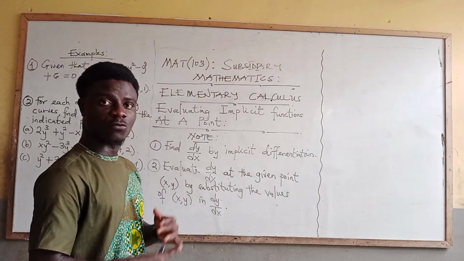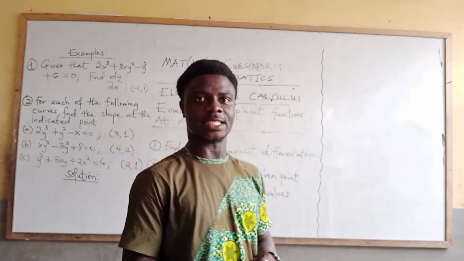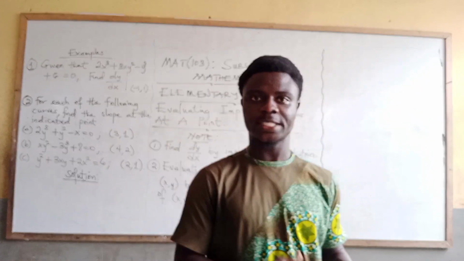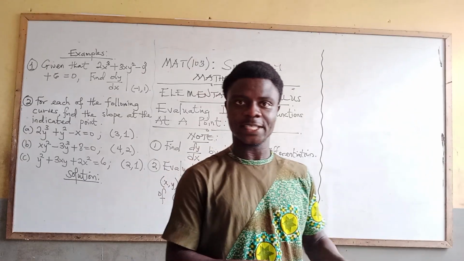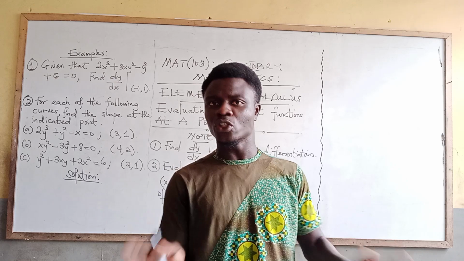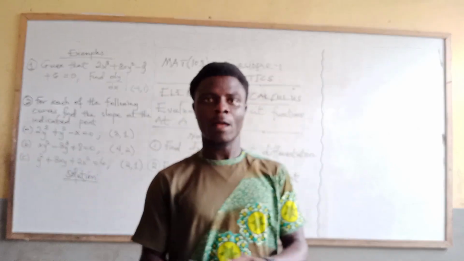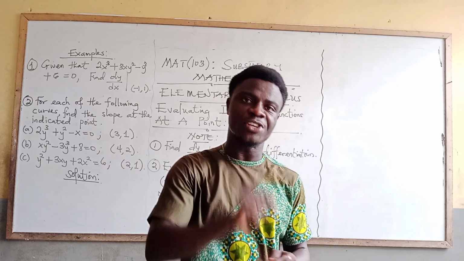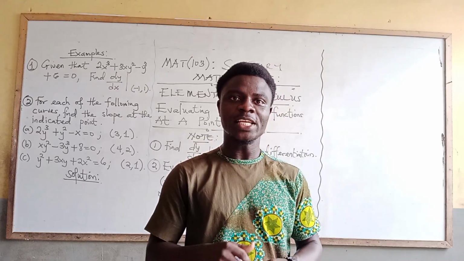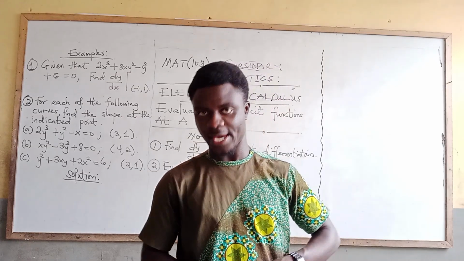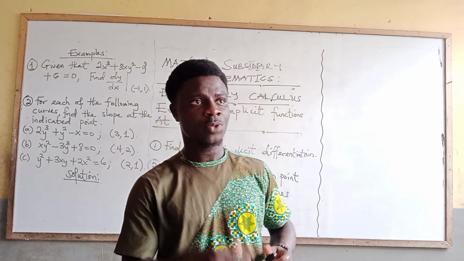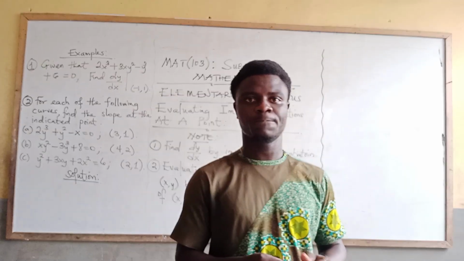So first you have to find dy/dx by implicit differentiation. Don't forget, I said with implicit functions we have x and y, but make sure that you treat y in terms of x.